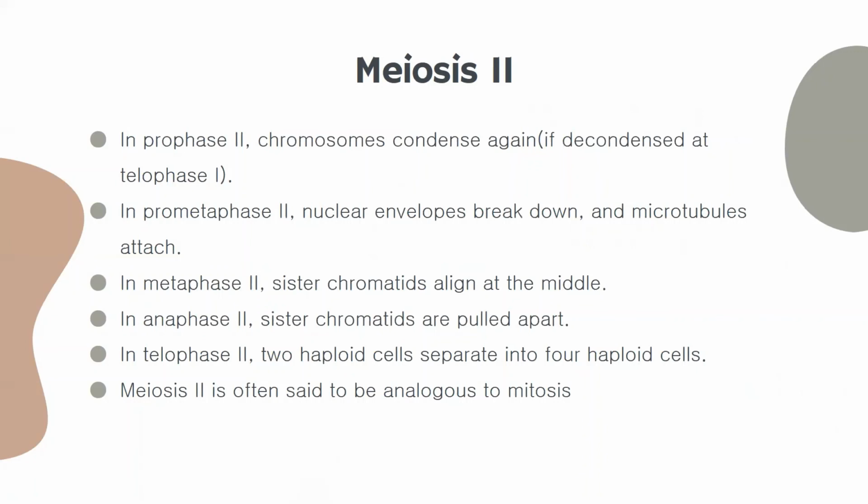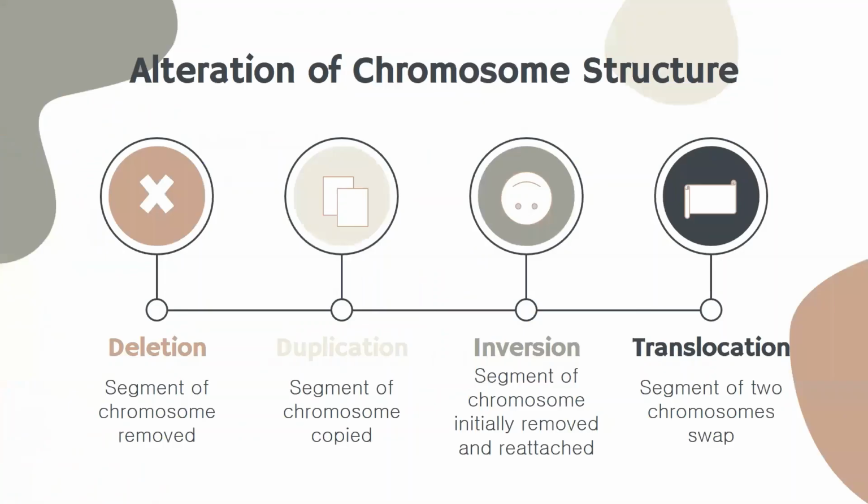And in telophase 2, two haploid cells separate into four haploid cells. Meiosis 2 is often said to be analogous to mitosis, since in mitosis the two sister chromatids are separated from a single chromosome. So basically, meiosis 2 is the same thing. That was alteration of chromosome number, and this time it's alteration of chromosome structure.